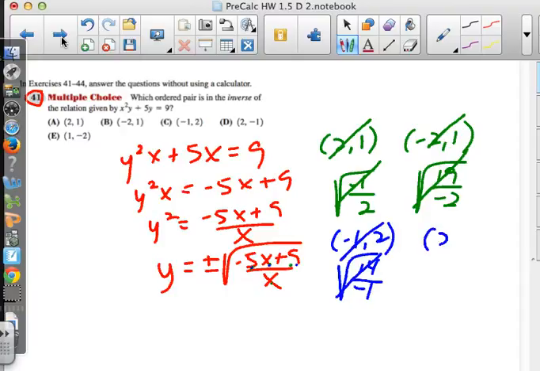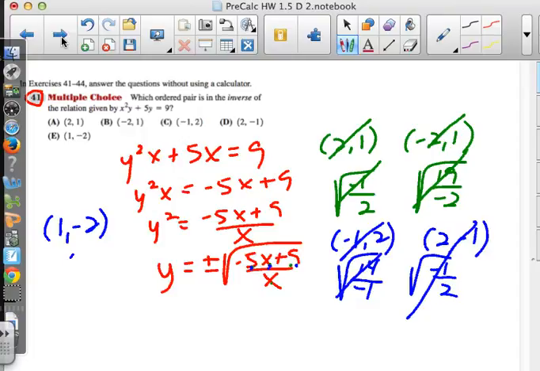Then we have 2, -1. -5 times 2 would be -10. -10 plus 9 would be -1. -1 divided by 2. Sorry, not going to happen. All right, one more to go. 1, -2. -5 times 1 is going to give us -5. -5 plus 9 is 4 over 1.